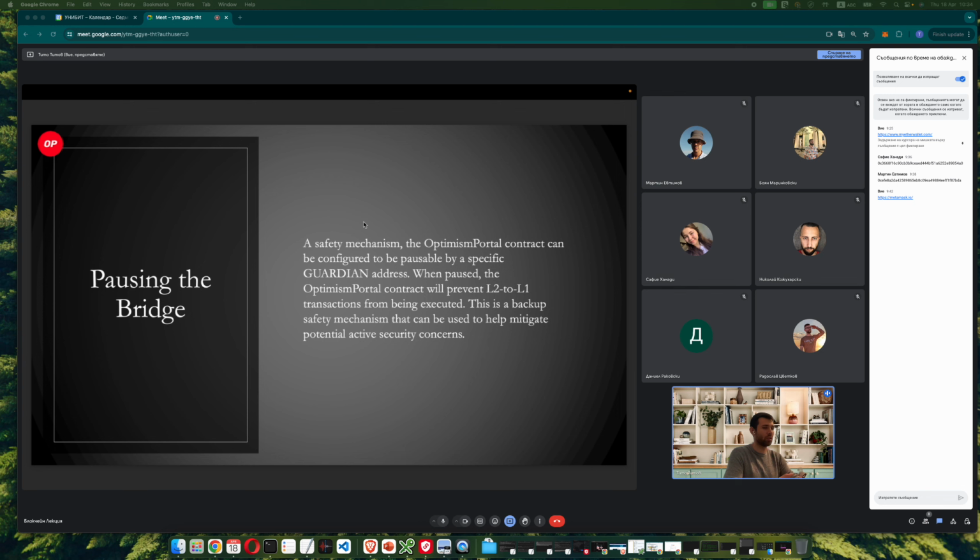So if someone is willing to withdraw a significant amount of funds from layer 2 to layer 1, from Optimism to Ethereum, and there is some bug in the contract, the Optimism portal can basically execute this pause functionality if the guardian address is willing to do it, and that way the transactions will halt and no one will be able to withdraw funds from layer 2 to layer 1. And this is created in order to mitigate some risks and potentially save the protocol from some bugs that can arise.